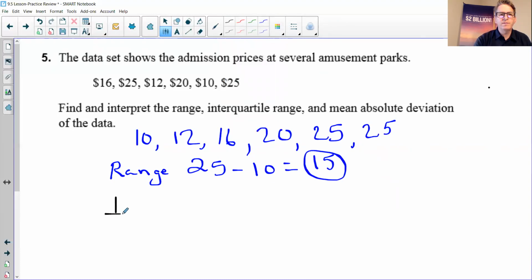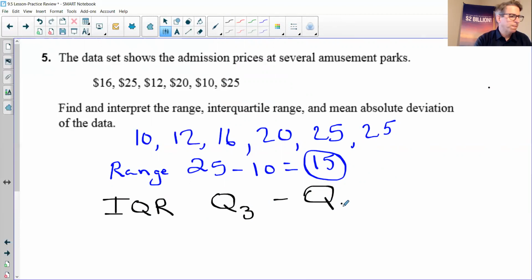IQR, if you remember this, is calculated by taking the Q3 minus the Q1. What I first did is I found that we've got 6 pieces of data, so it's fairly easy to cut these in half.